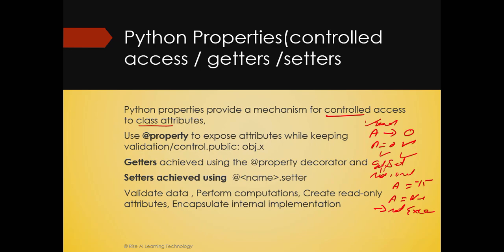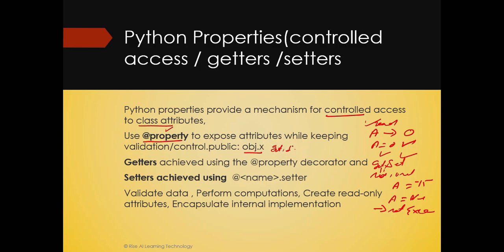So what we are doing here is using the @property keyword. This is a keyword we need to use to expose an attribute while keeping validation or control. If I am not adding this and I simply write the attribute, then it is by default getter and setter both.